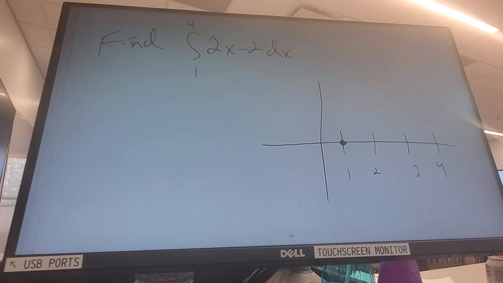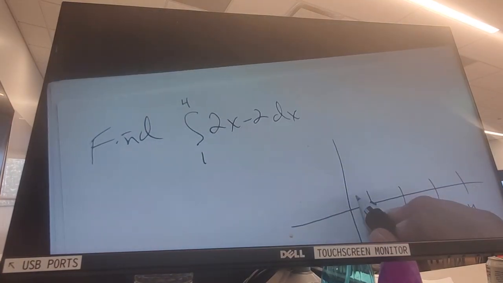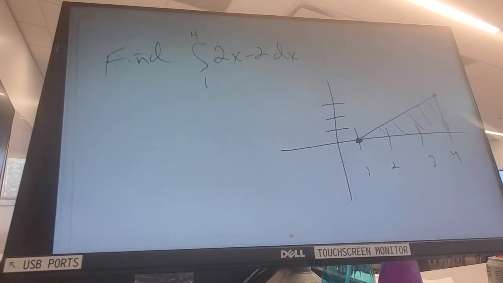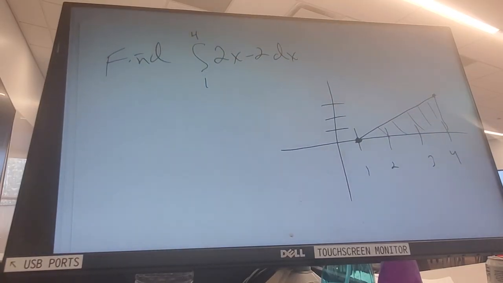So all I'm going to do now is, at 4, what's the output at 4? 6. Let's see. 2, 4, 6. So what shape have I just made? Triangle. Do I need calculus to answer that question?